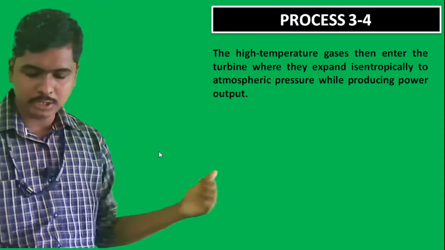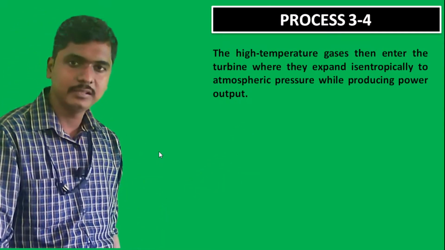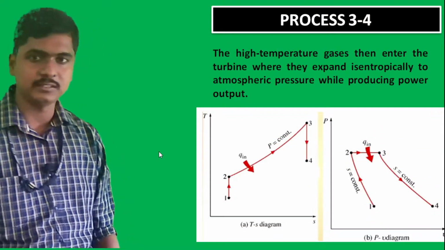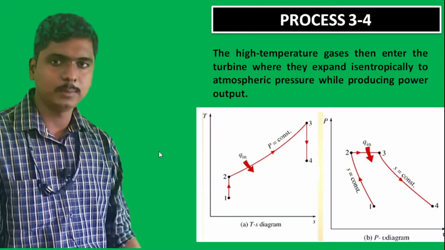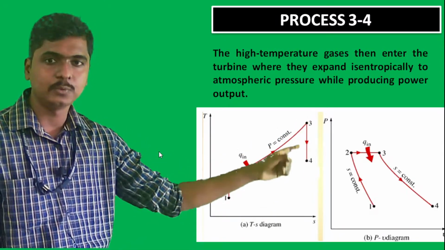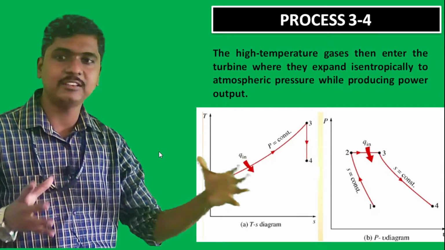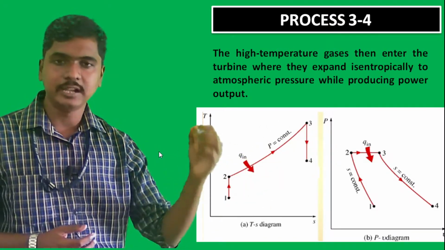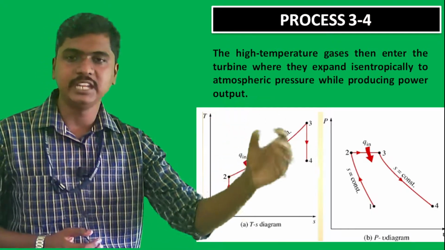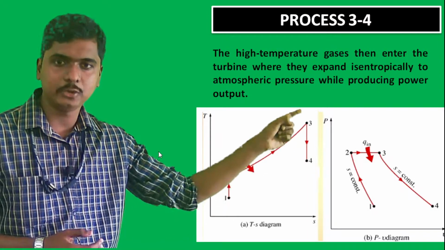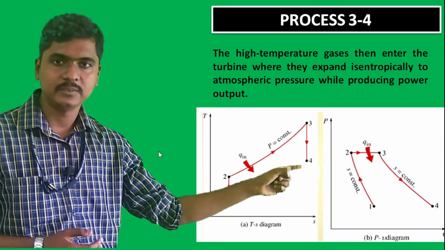Now if we plot this process in the TS and PV diagram, the process will look somewhat like this. Observe process 3 to 4. What happened here? In process 3 to 4, expansion of the gas will take place. If gas expands, its temperature and pressure will gradually decrease. So you can see from process 3 to 4, the temperature will gradually decrease.